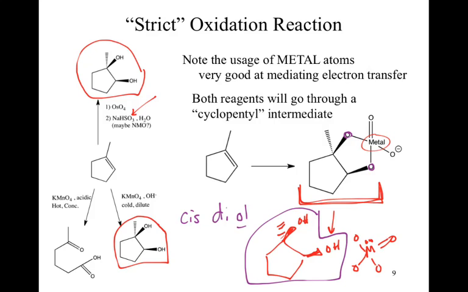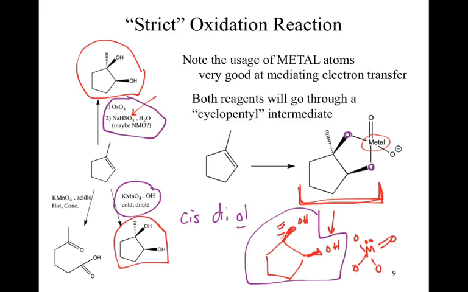There are 2 reagents to go through and do this reaction. You'll notice that the osmium reagent does it, and then we can also see permanganate do it. And they're both going to go through a similar transition state where you have that weird cyclopentane dealio.